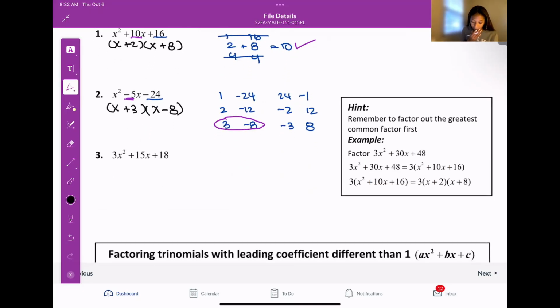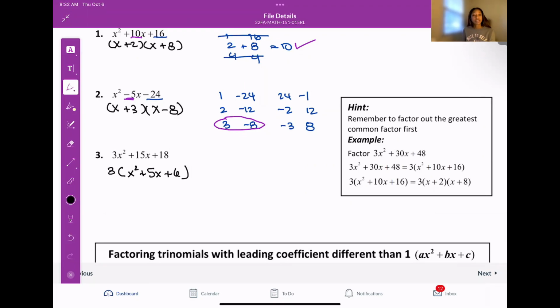All right. One more of these, problem number 3. We have 3x squared plus 15x plus 18. Here, we want to start off by factoring out the 3. That's the greatest common factor. And then we have x squared plus 5x plus 6.